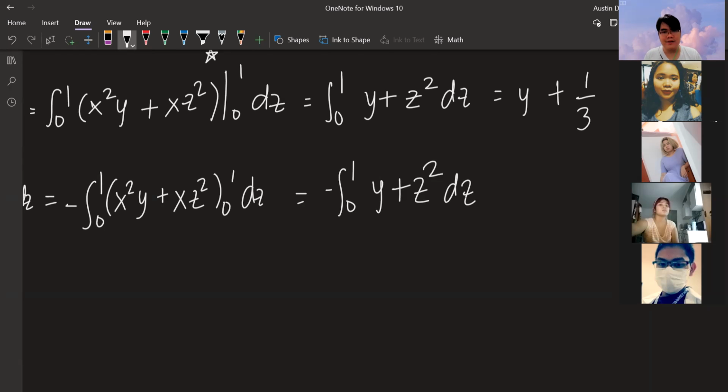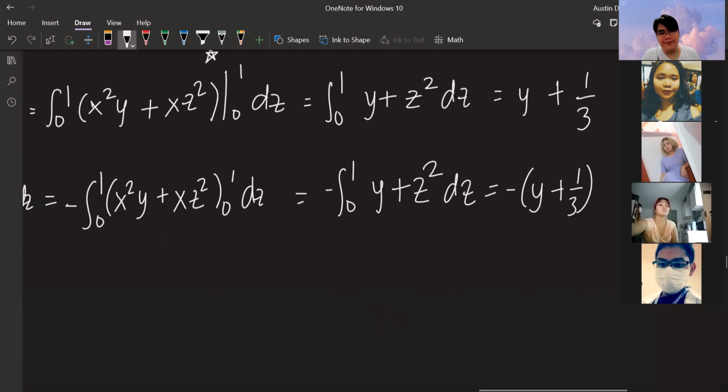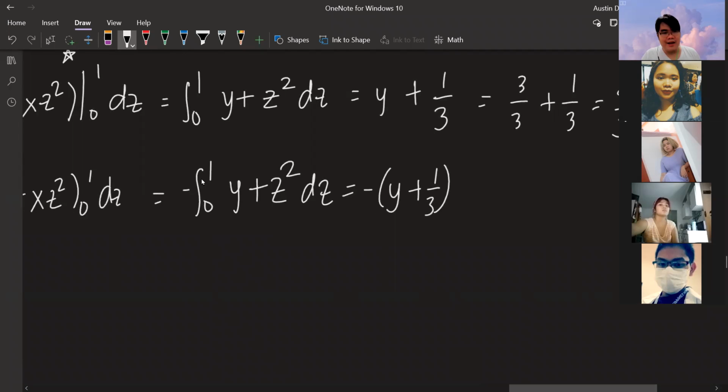And kapag sinolve nyo to, ang lalabas is negative y plus 1/3. Tama? Okay, so baka magkamali kayo na malagay nyo lang negative sign dun sa isang term. So dahil kaya nilabas ko sa integral sign para yung buong integral, negative siya. So yung buong integral will result to y plus 1/3.